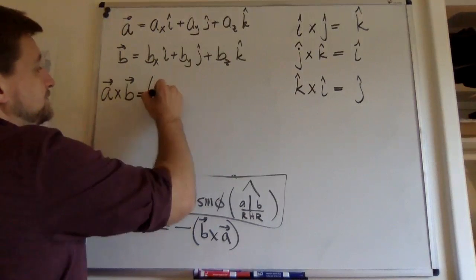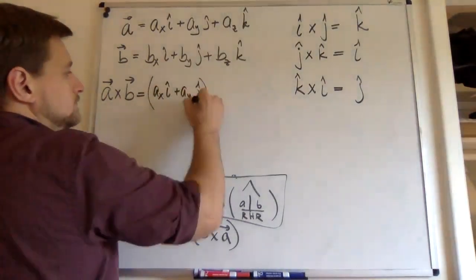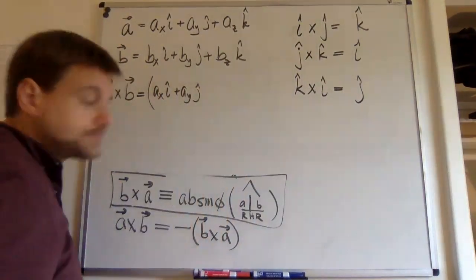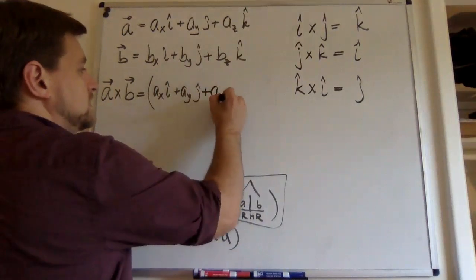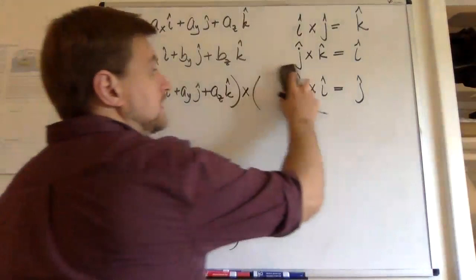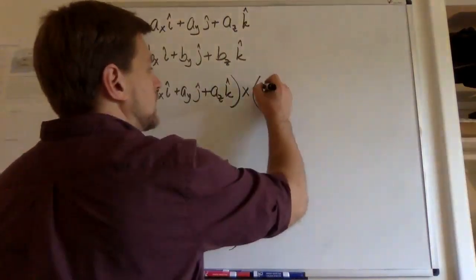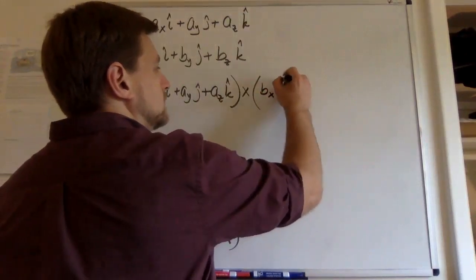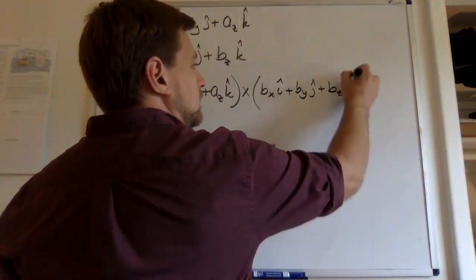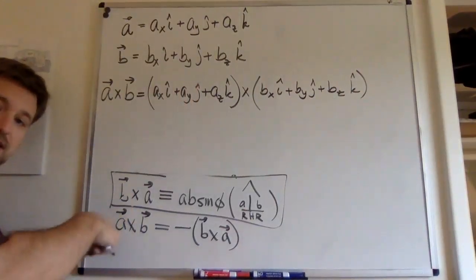We do what it says. Ax i, Ay j, oops, see, I'm so used to two dimensions, plus Az k, cross Bx i plus By j plus Bz k. I've got to erase this, but you remember.